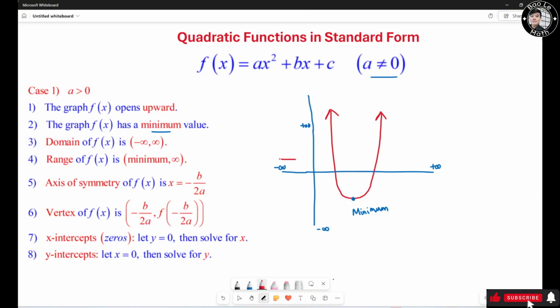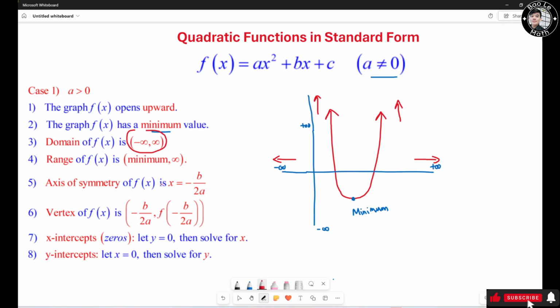When x approaches negative infinity, the graph keeps going to positive infinity. When x approaches positive infinity, the function keeps going up to positive infinity. So the domain should be negative infinity to positive infinity.